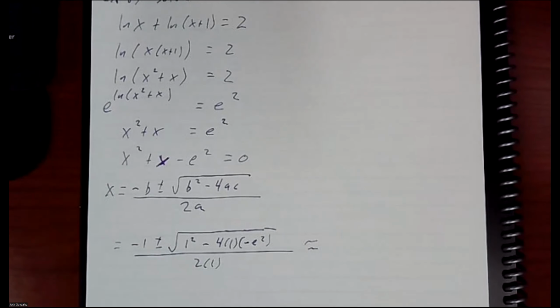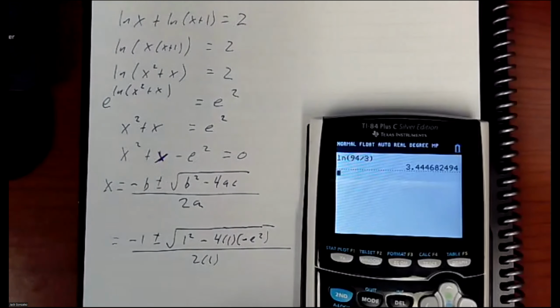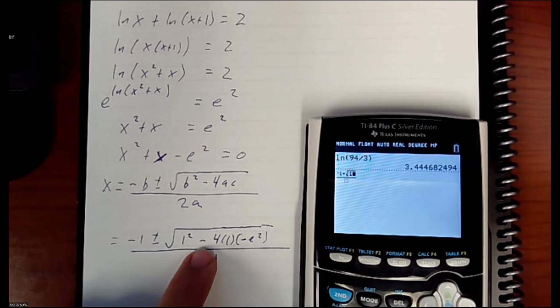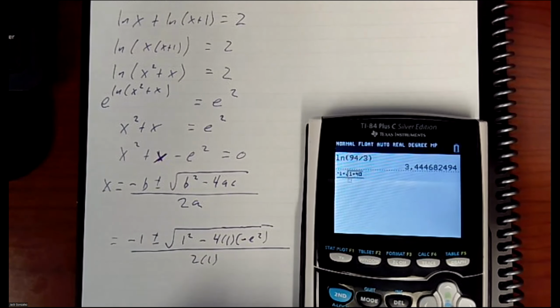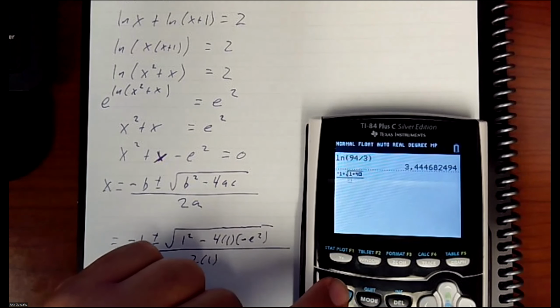It's calculator time. Negative 1, let's make it pretty. Negative 1 plus the square root of 1 minus 4 times negative e squared. Actually plus, because negative times negative is positive, so that'd be plus 4e squared.